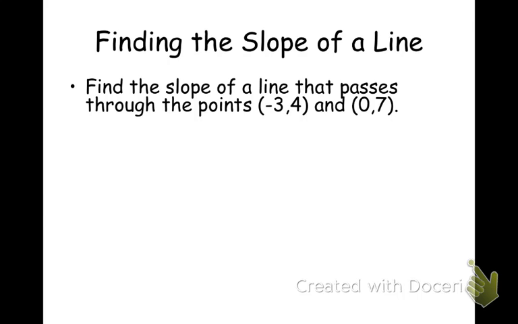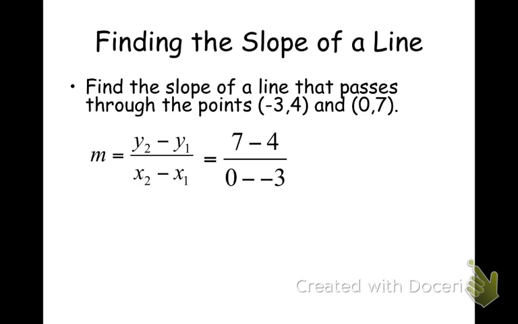Well, let's find the slope of a line that passes through the two given points, (-3, 4) and (0, 7). We're going to use the formula for the slope, y2 minus y1 divided by x2 minus x1. We're going to label our points so we can see which is which. Since (-3, 4) is listed first, let's call the -3 x1 and the 4 y1.